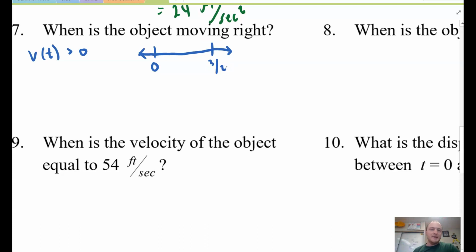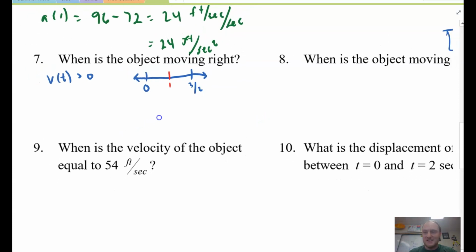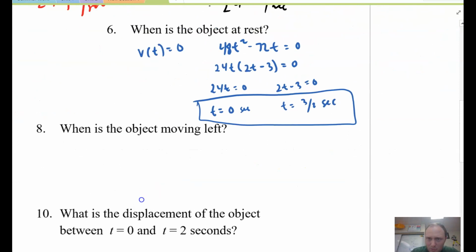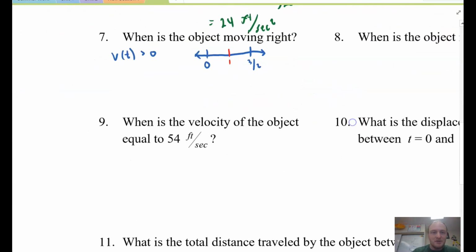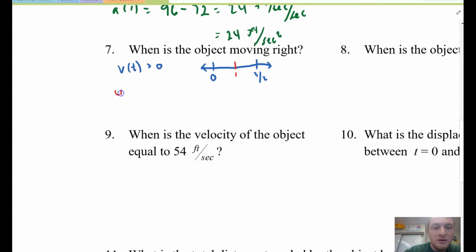Okay, and I'm going to do a little sign analysis. I'm going to plug in 1. Why not plug in 1? I'm going to test this by plugging it into our velocity formula up here. So if I plug in 48 times 1 squared minus 72 times 1, that's our velocity.